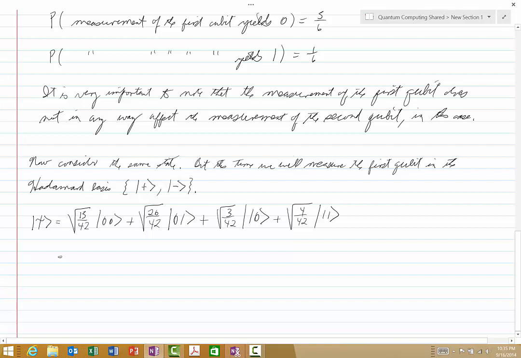And again, since we're going to measure the first qubit, let's go ahead and separate that out.